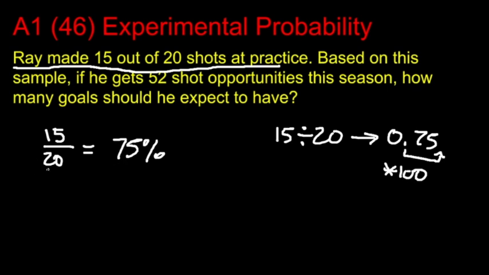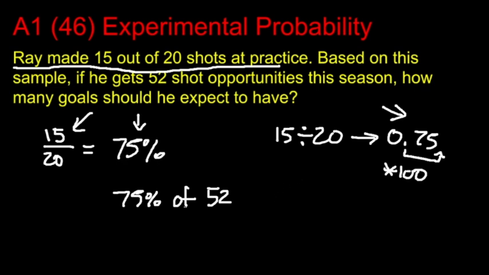Okay, now you can list, same as with theoretical probability, your probability as a fraction or as a percent. You can even list it as a decimal. If he gets 52 shot opportunities this season, how many goals should he expect to have? So 75%. He's expecting to make 75% of the 52 shots.